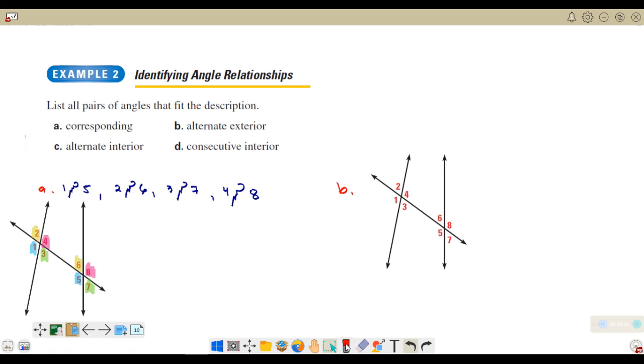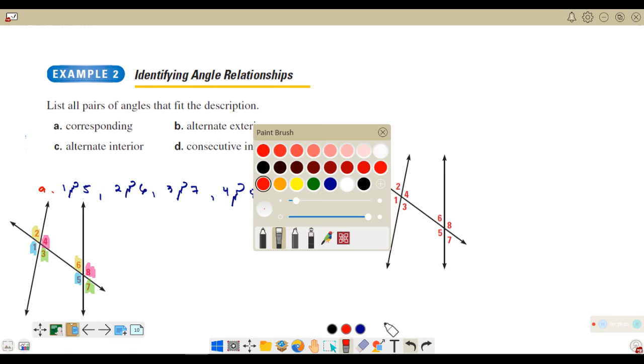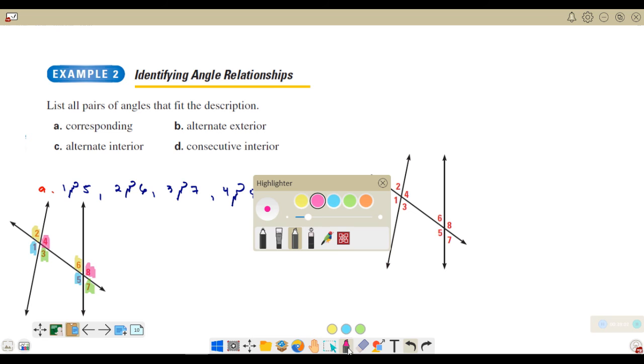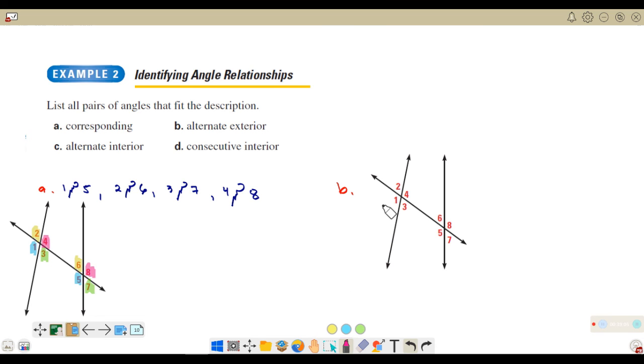Alternate exterior. Mag-shade ulit tayo ng magkakapartner. Alternate exterior, 1 and 8. Next, 2 and 7. Must be exterior angles, non-adjacent, and from opposite sides.